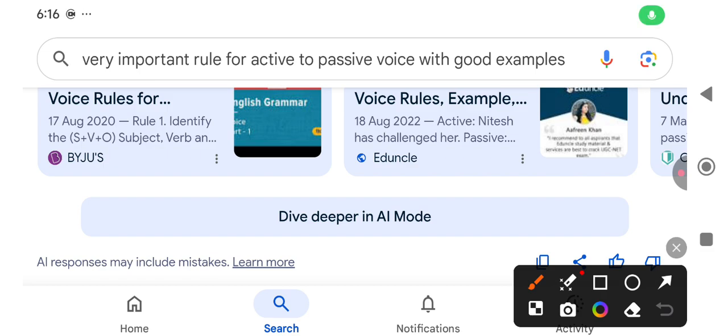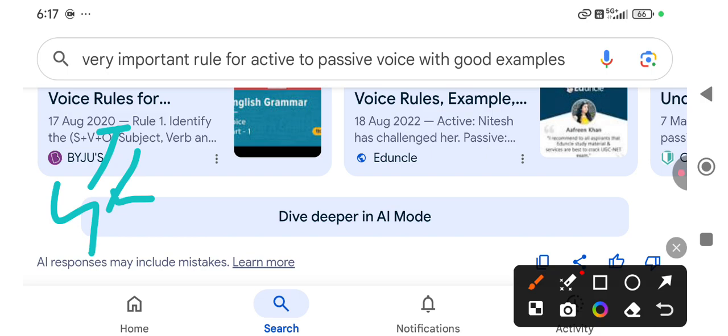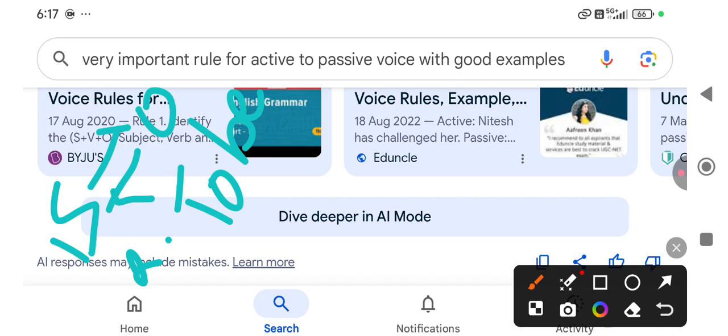We have learned five rules. First rule says that subject and object will be changed. Number 2 and 3 are very important. That's the to be form. So you need to remember the forms: am, is, are, was, were, be, being, been. Any one of the to be forms will be inserted in the sentence.